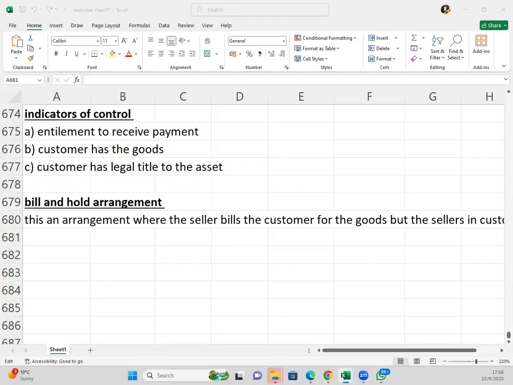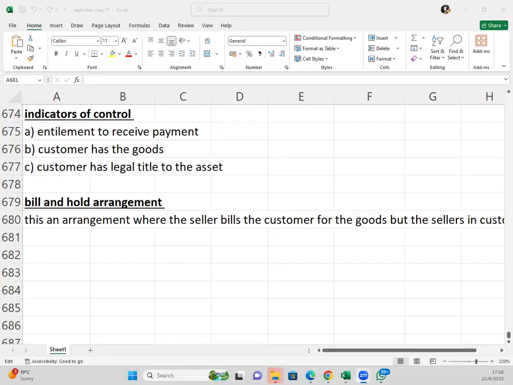In such an arrangement, we might not have given the customer the goods, but we can recognize revenue.